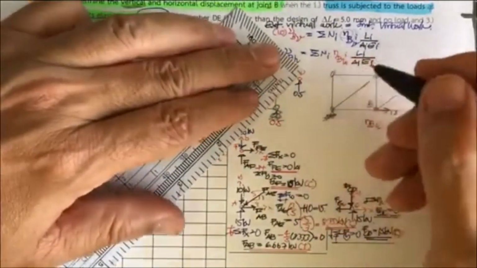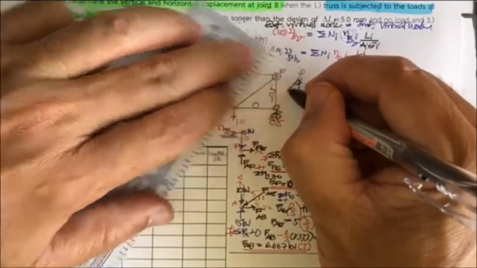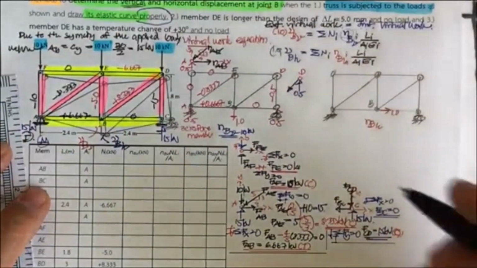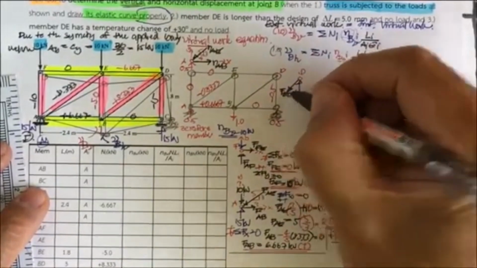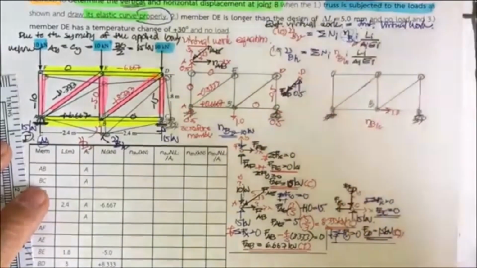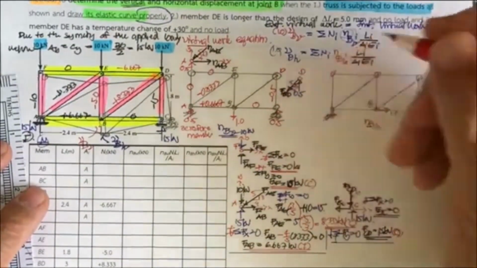And then you are supposed to have the force about here. Since this is in compression, I believe this one is going to be in tension, and this one along here is going to be F sub BD. You may know that the ratio here is going to be 3, 4, and 5.